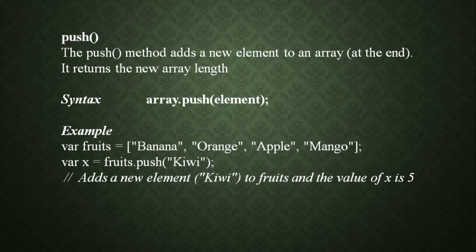This returns the new array length. Here our size before push is 4: apple, orange, banana, mango. Now I am using the push function: fruits.push(kiwi). Now it adds a new element to our array. Now the length value is 5.